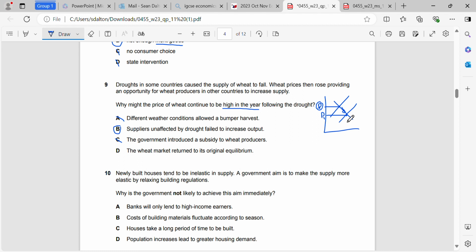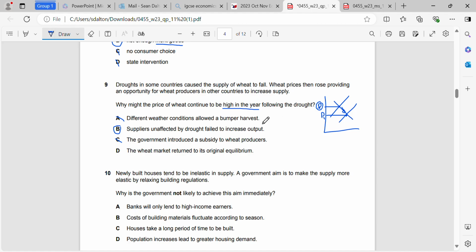We would have started here at P1, and then the drought would have caused the supply curve to shift left. So returning to the original equilibrium would mean that we would have to have an increase in the supply, or a shift to the right. And again, we know that that hasn't happened.